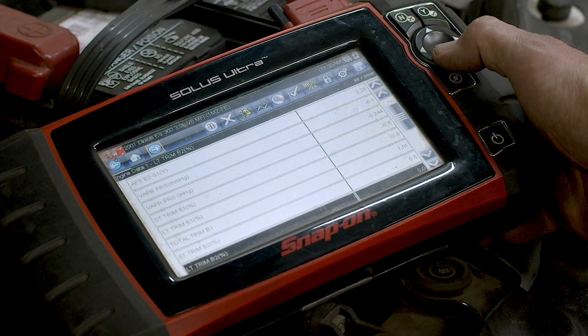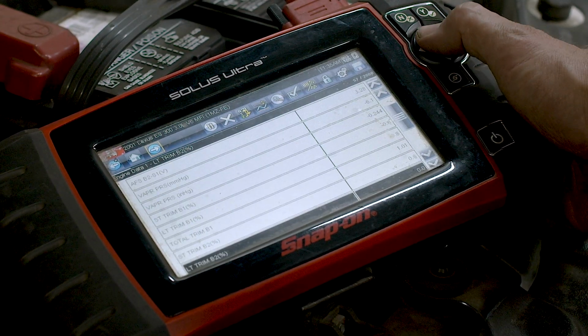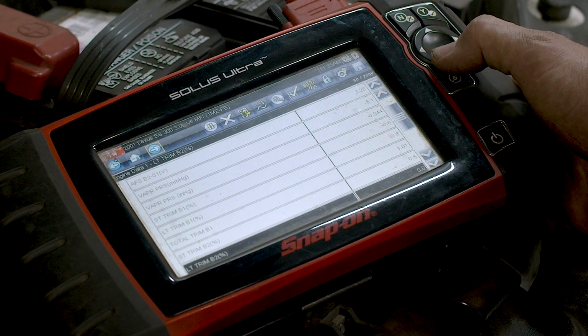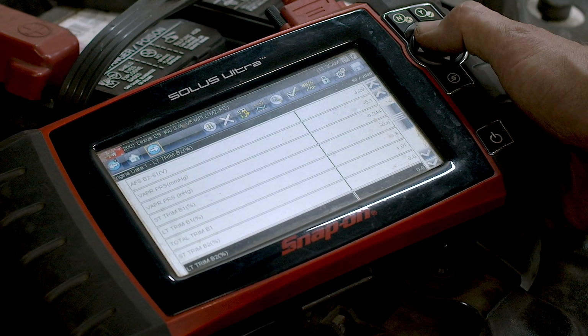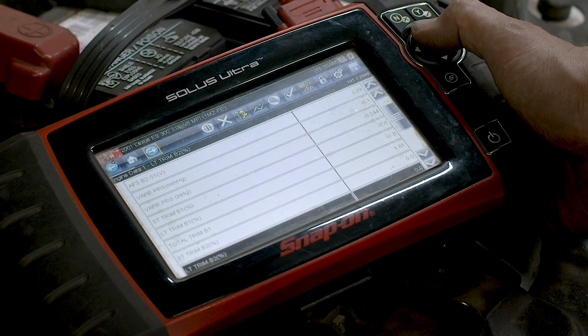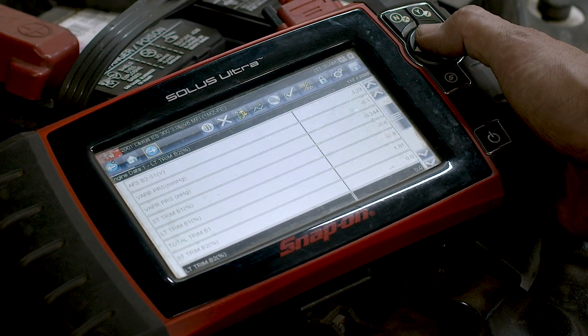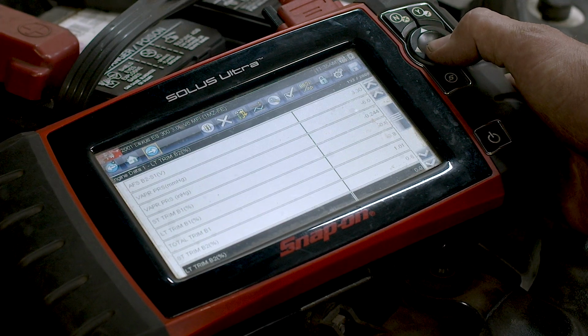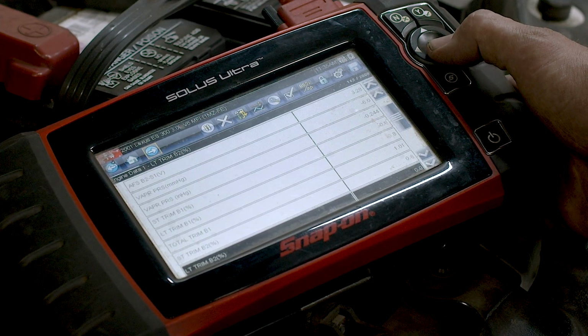Here at idle, basically in a nutshell, our short-term fuel trim is 0.8, and long-term for bank 2 is 0. Then on bank 1, we're at 0.0 short term, and 3.8 on the long term.